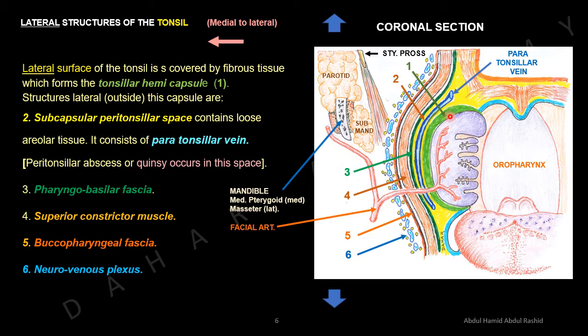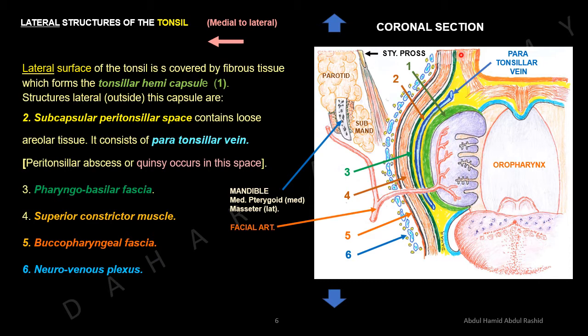In this loose areolar tissue, as usual, veins will be present. So the paratonsillar vein will be there, which comes down from the palate and goes down along this. Now lateral to this is the pharyngobasilar fascia, number 3, the green layer. You know, quite often we said about this. Coming from where?